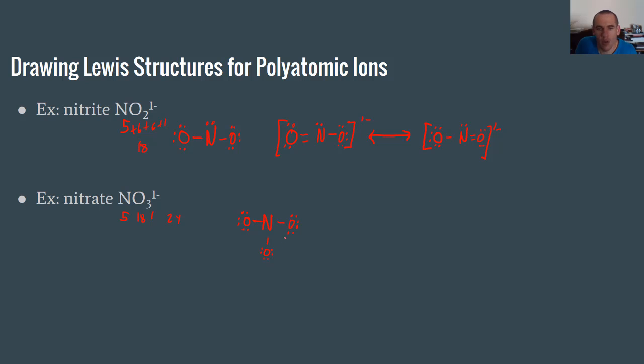And again, we run into the problem where we've placed all 24 valence electrons, but nitrogen doesn't have its octet full. So again, we can slide any one of these pairs of electrons over and make that double bond with nitrogen.